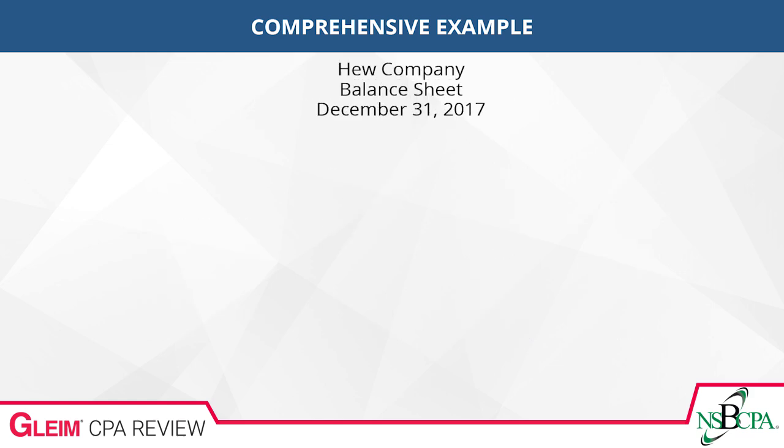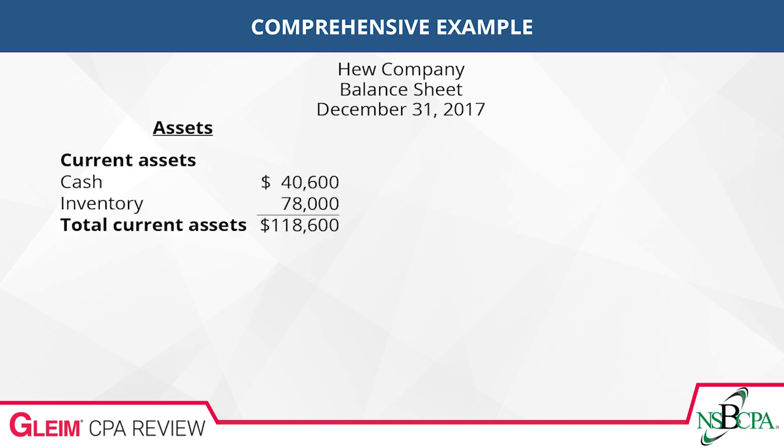Let's start with the heading on the balance sheet. Remember, these are the balances reported at a specific point in time, December 31st, 2017. So the date just says December 31st, 2017. For the assets, you need to make sure you classify them into the correct group. Current assets that Hugh Company reported on their trial balance were cash and inventory. So the total current assets are $118,600.